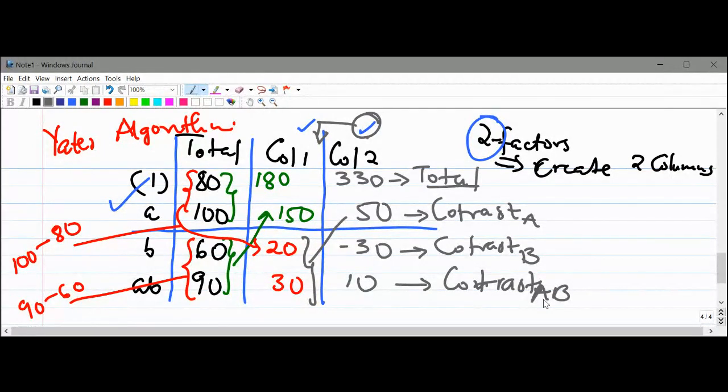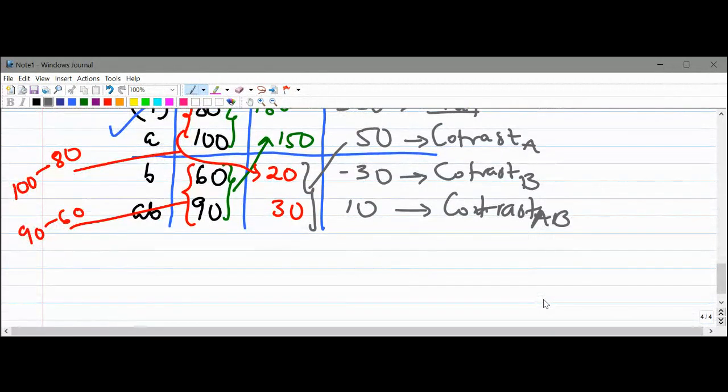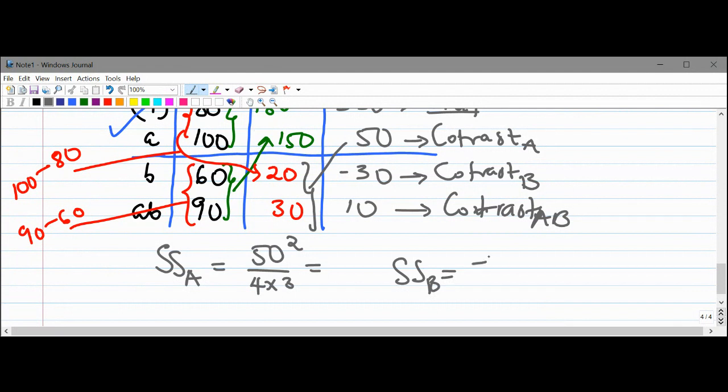Because now, from here, you know that to find SSA, you need 50 squared divided by 4 multiplied by 3. SSB, you know the other steps are the same: minus 30 squared divided by 4 multiplied by 3.